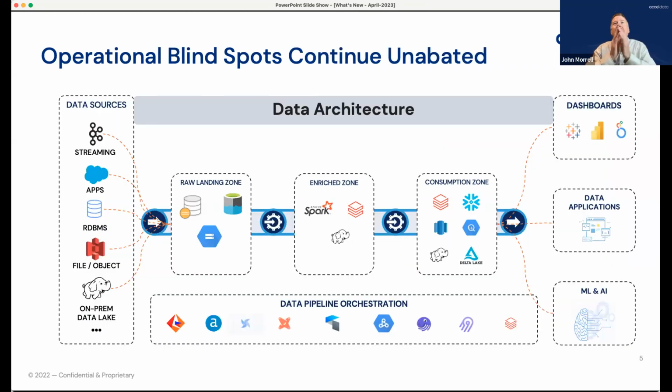And so what ends up happening is when you feel these particular pains that we talked about a moment ago, your architecture and your data can end up with what we like to call operational blind spots.